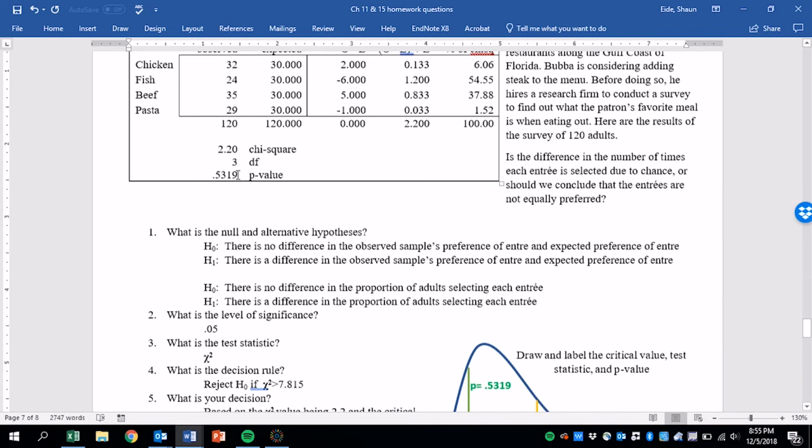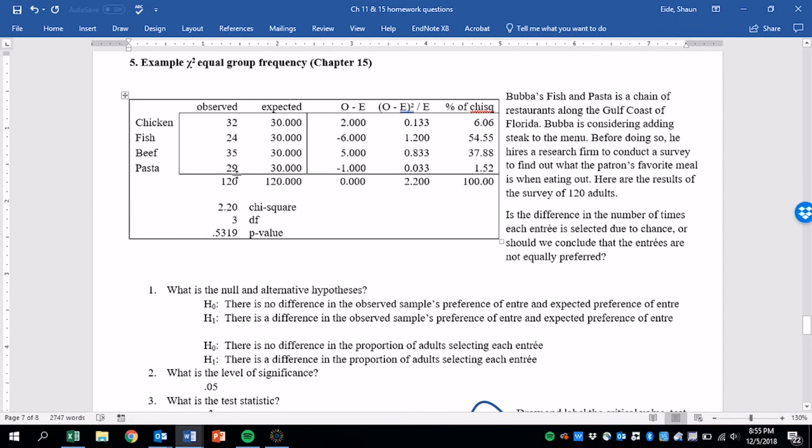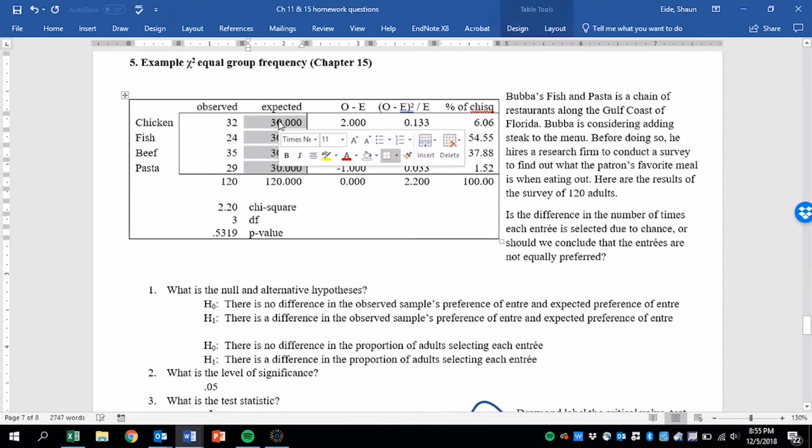But here, we need to realize that the null hypothesis is really saying we don't think there's going to be any difference between the observed and the expected. Or another way you could say it here, because all of the expected are the same, is we don't believe there's going to be any difference in the proportion of the expected values of the entree categories.